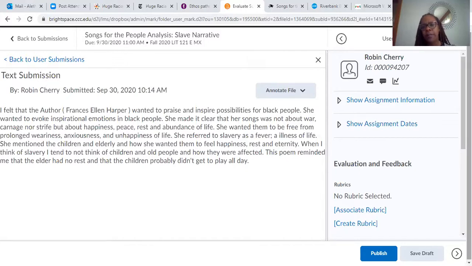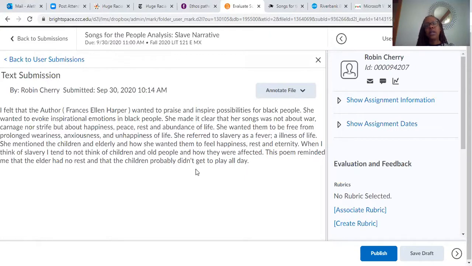So even just in the fact that she is writing to uplift, writing to give peace and happiness, even the fact that she's doing that alone, she's adhering to the theme of the slave narrative. That again is one of its main purposes. So you said she referred to slavery as a fever. That's good in terms of something else we'll talk about today too, figurative and literal meaning, right?